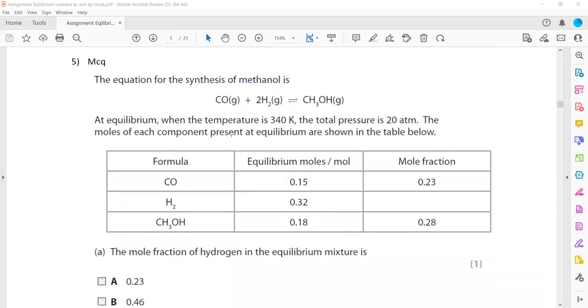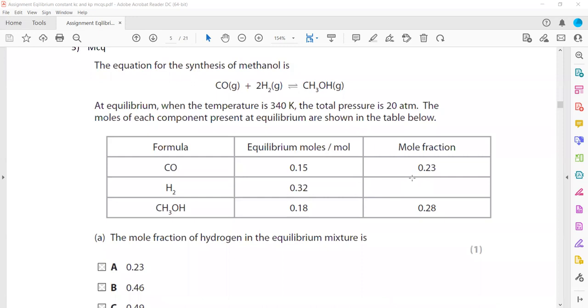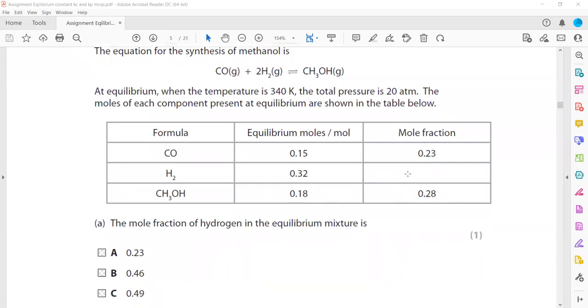In question 5, the equation for the synthesis of methanol is given, with the equilibrium moles. How do we work out the mole fraction? To get the mole fraction, we take the moles divided by the total. So for hydrogen, the moles of hydrogen, 0.32, divided by the sum of all the moles, that is 0.51 plus 0.32 plus 0.18.